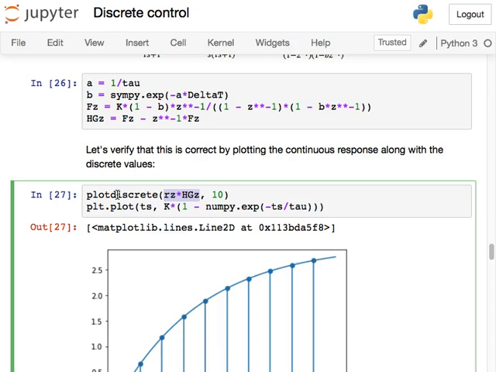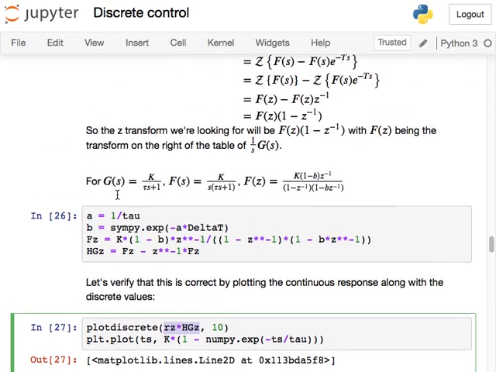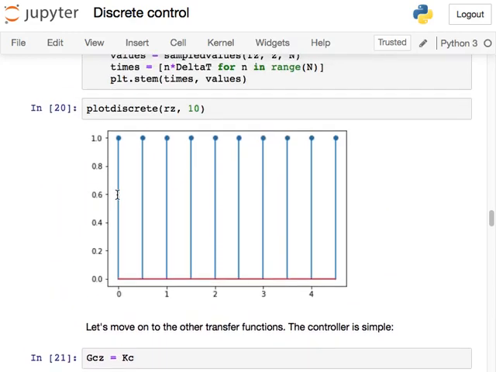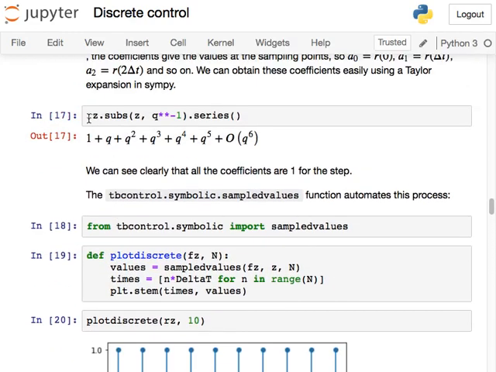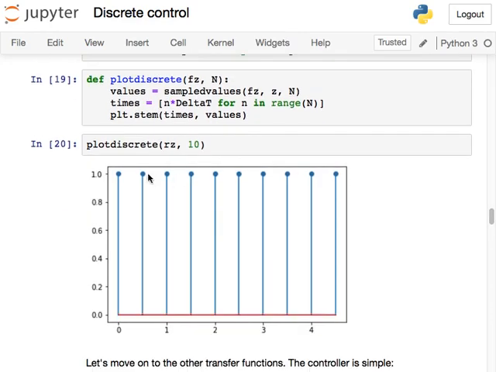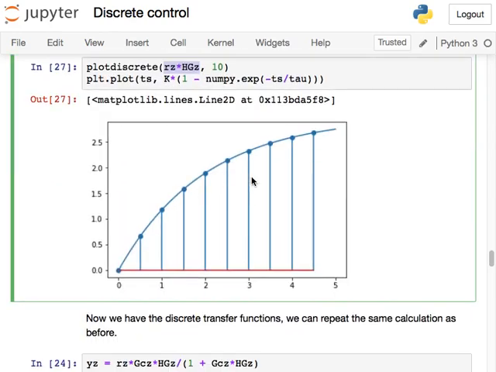At that point, it's just a polynomial in Z, and we're doing a Taylor series expansion and looking at the coefficients, just like this. So we take that signal, we expand it, and we've got 1 plus 1 q plus 1 q squared plus 1 q cubed and so on. And those ones, the coefficients of q in each of those positions, are the value of that time signal at those moments in time. And we can see that we've correctly figured out how the sampled signal will work, because when we put a step signal in there, we get the correct output out.